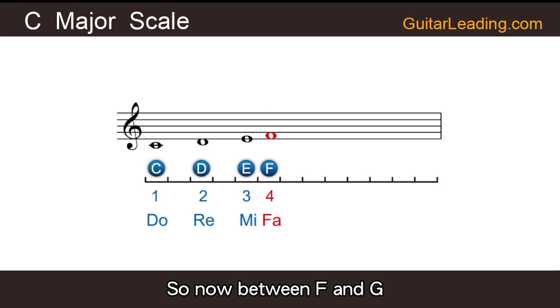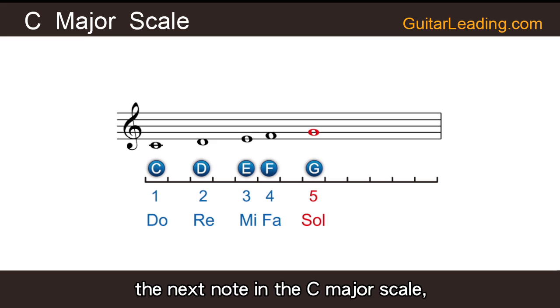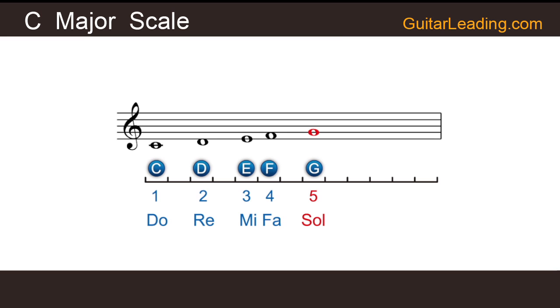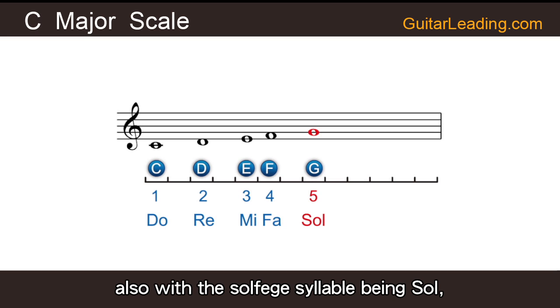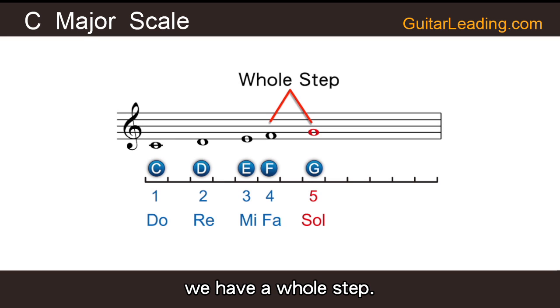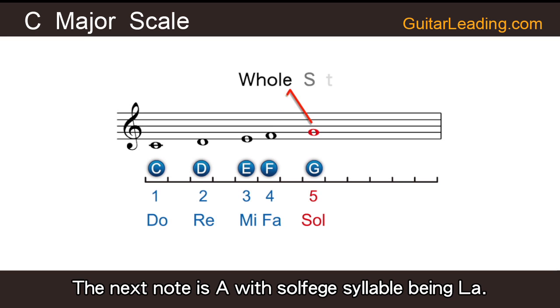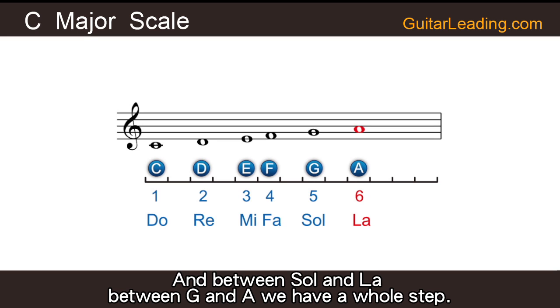So now between F and G, the next note in the C major scale, also with the solfege syllable being Sol, we have a whole step. The next note is A, with the solfege syllable being La. And between Sol and La, between G and A, we have a whole step.